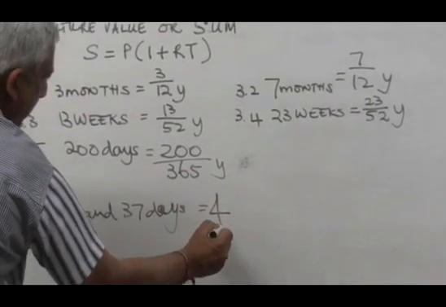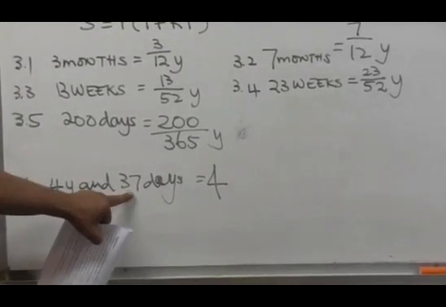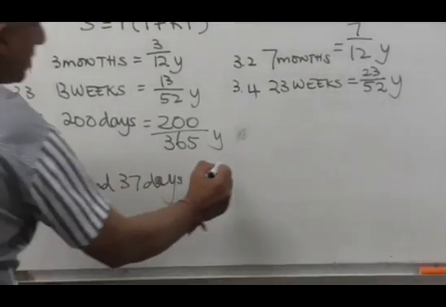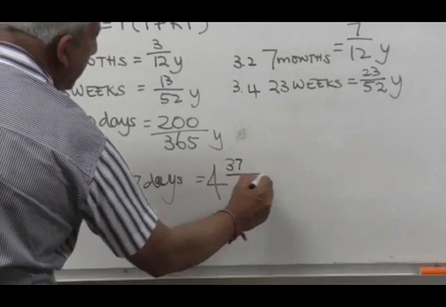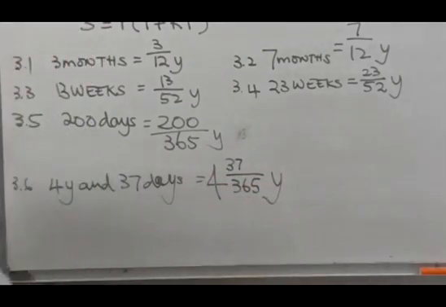Well, the 4 years is 4, so that will just remain the same. But the 37 has to be converted, so that will be 37 divided by 365. Alright, those were the answers from number 1 till number 3. Shortly, we'll give you the remaining answers.